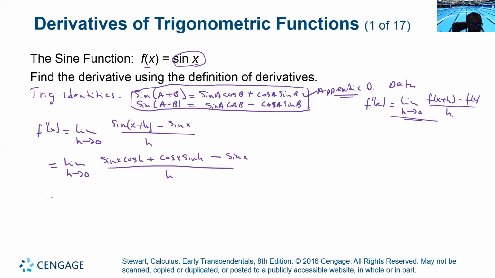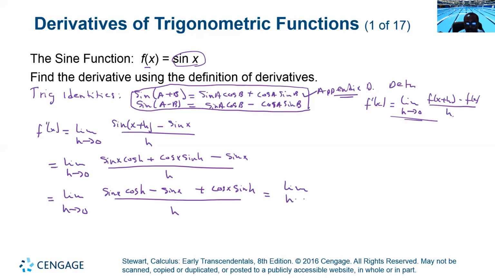Let's bring the sine terms together: sine x cosine h minus sine x, then plus cosine x times sine h, all divided by h.